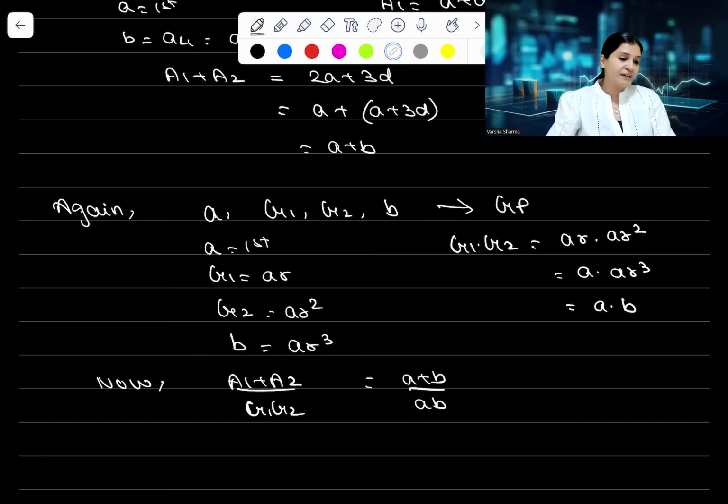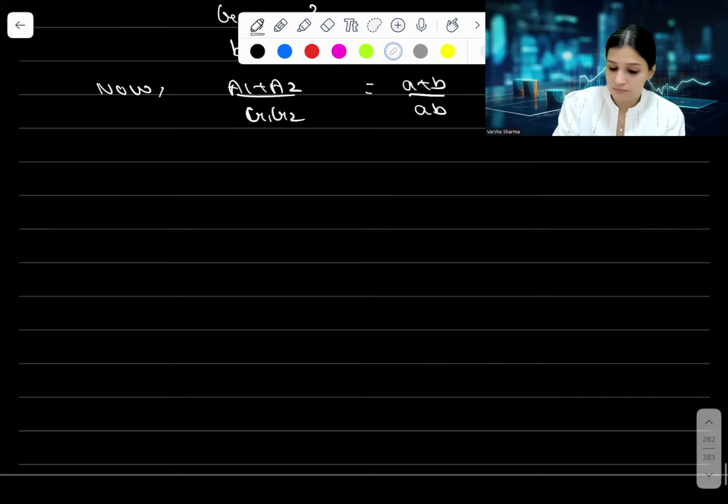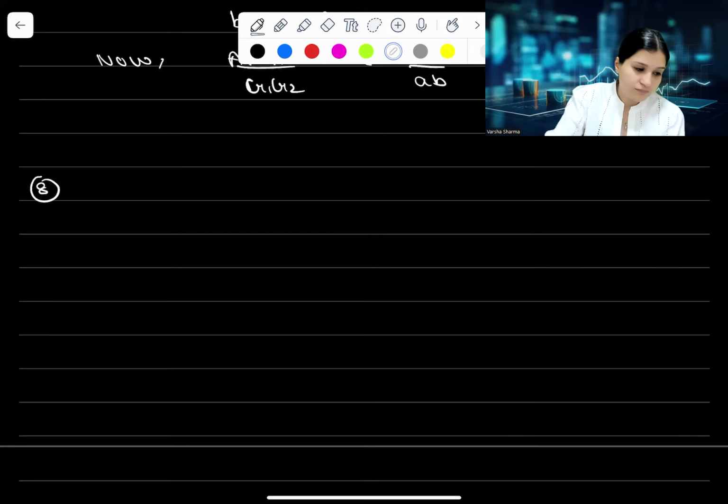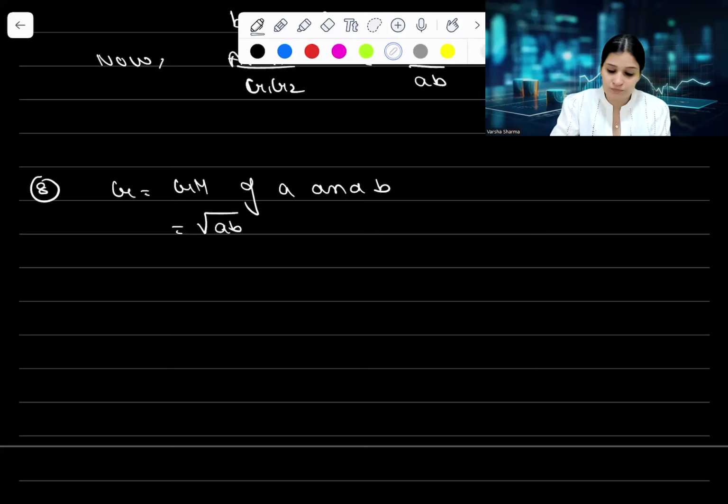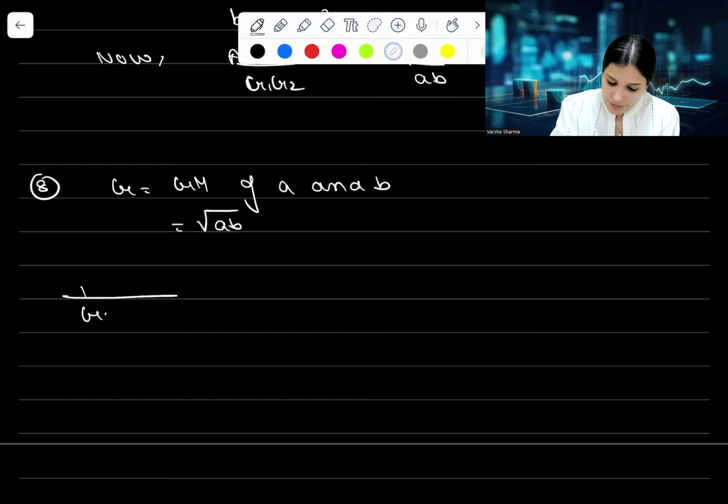After 4, we have 8. G is the geometric mean between a and b, so G is equal to root ab. We need 1 by (G plus a) plus 1 by (G plus b).